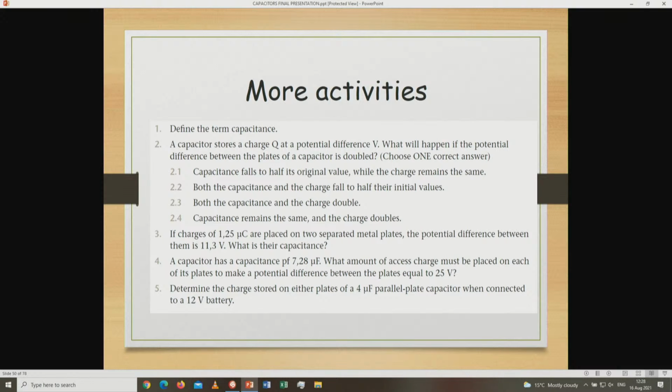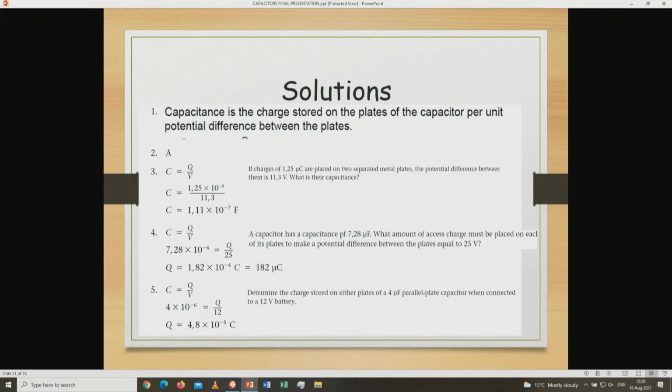Therefore our Q is going to be 4,8 times 10 to the power negative 5 coulombs. Right. These are the examples.